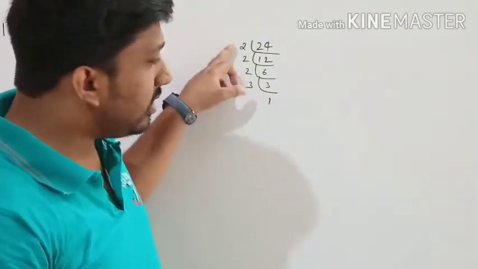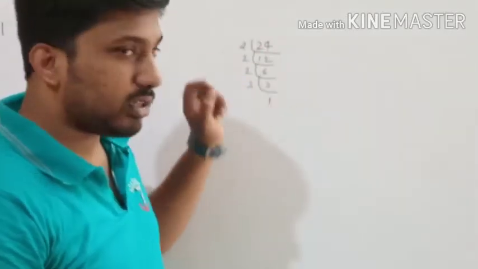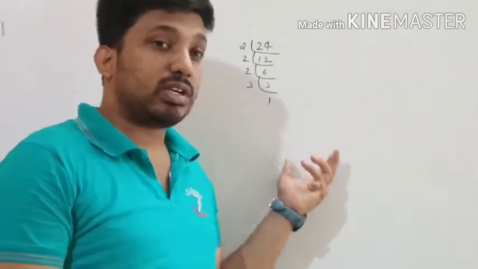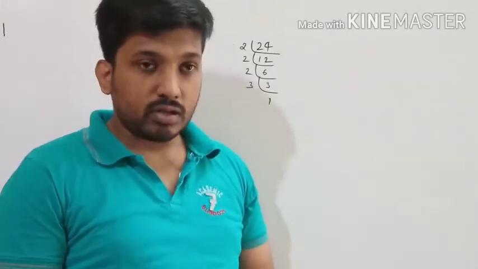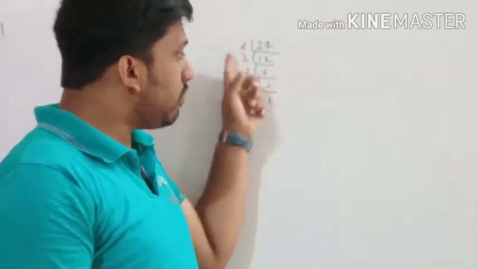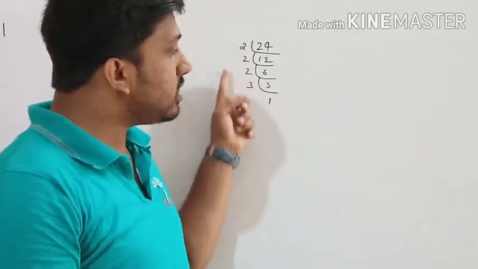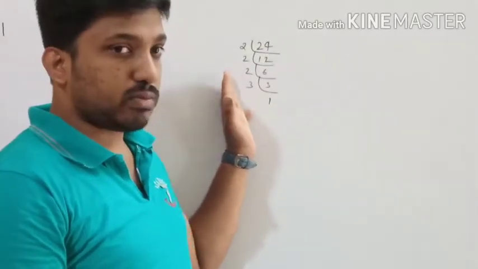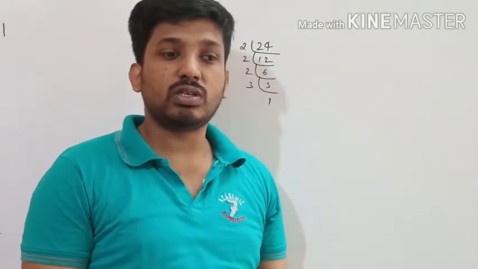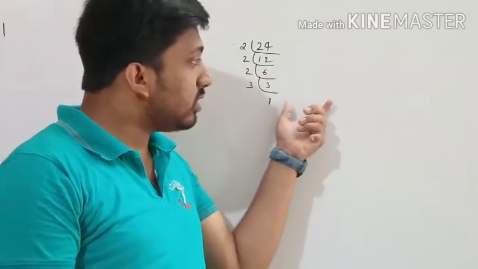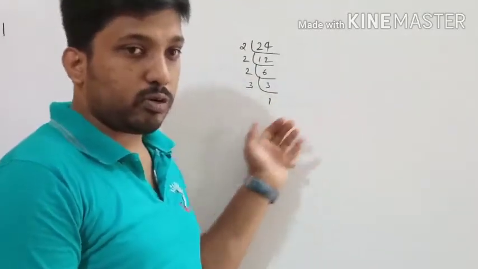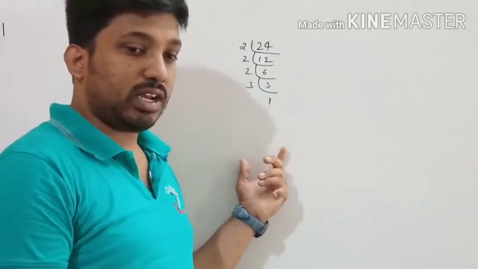We did this in the previous videos also, that is the fundamental theorem of arithmetic. It tells that any number can be divided into multiple numbers of its primes. Finally it ends up in prime numbers. This same fundamental theorem of arithmetic, we are going to use for deriving a certain formula, so that it will be very easy, without actually dividing the number, to tell whether it is terminating or non-terminating.